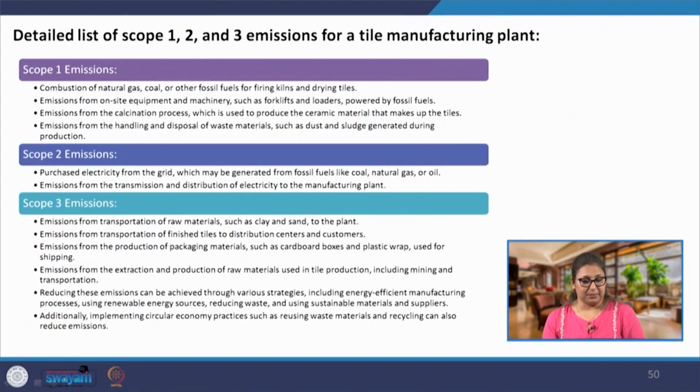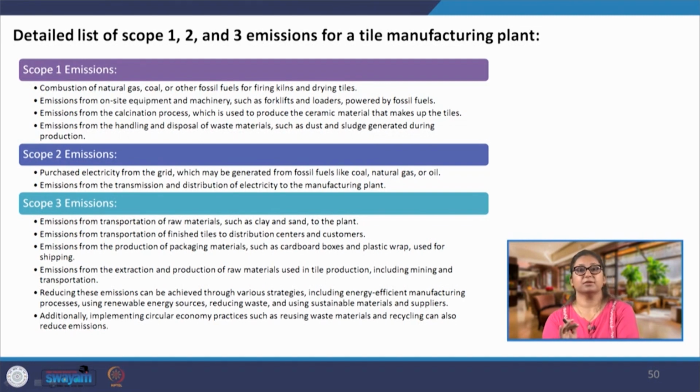This is another example which is scope 1, 2 and 3 emissions for a tile manufacturing plant. Now, what have they considered here as scope 1 emissions, which are the direct emissions? Combustion of the fuel for firing kilns and drying kilns.